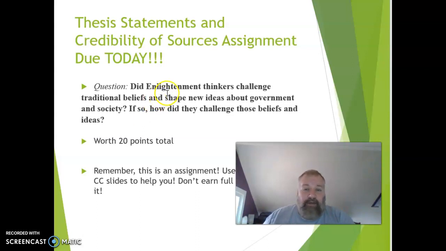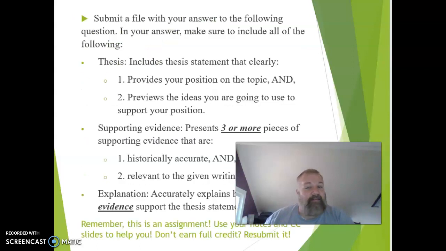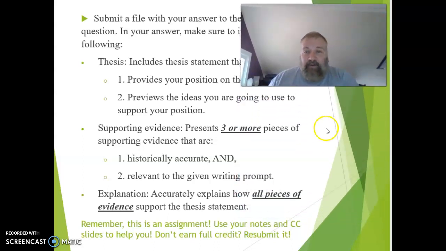Or, I don't think Enlightenment thinkers challenged traditional beliefs and shaped new ideas about government and society because. So your thesis statement should say yes, they did, or no, they did not. None of this in the middle. Pick a position, yes or no. And again, it doesn't really matter if you completely are sold on it. It just matters that you write and defend it. That's all.